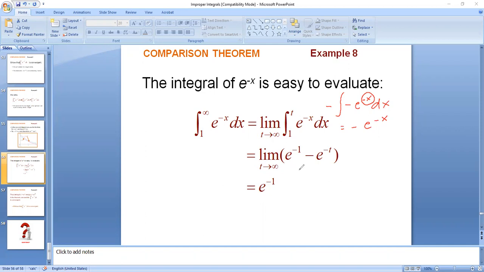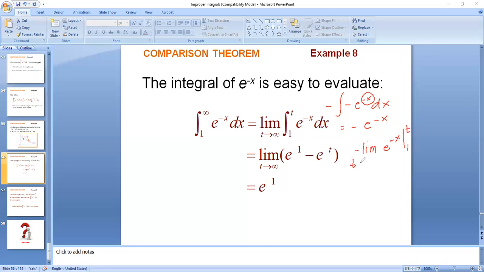If you're going to apply the limit here to the answer of the integral already, you will have the limit of, I'll just first write the original, negative, I'll place the negative sign here, limit of e raised to minus x, and then you will have to substitute 1 and t in here. Okay?